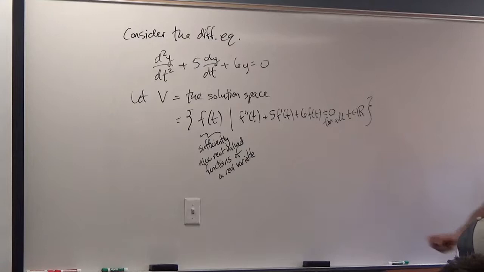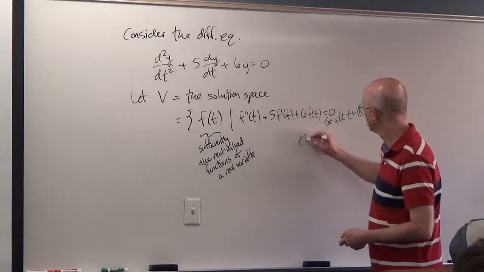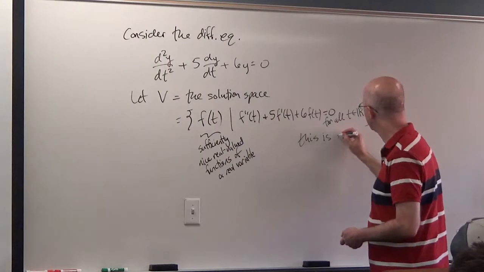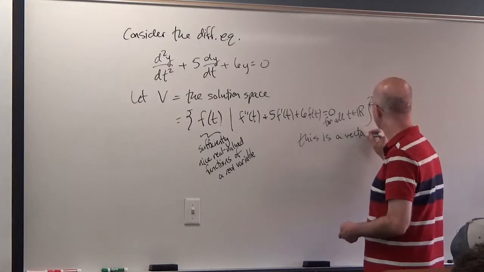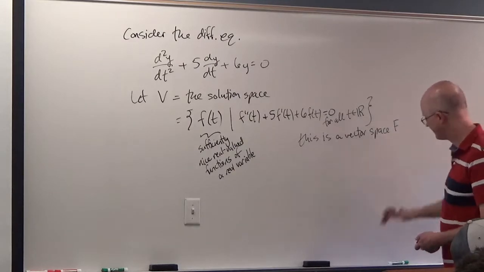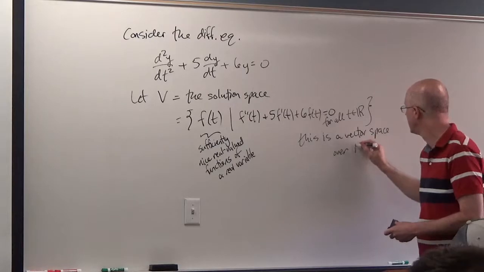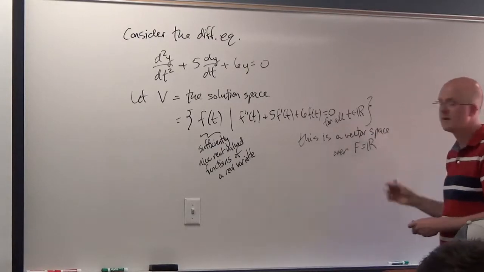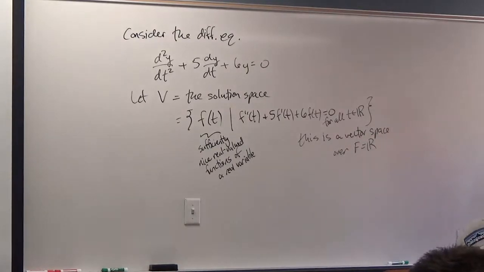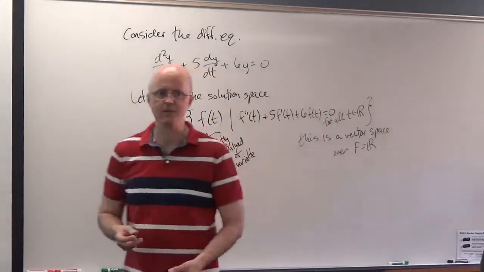This is a vector space over the field of real numbers. Is it infinite dimensional or finite dimensional? And if it's finite dimensional, what's the dimension? What's the basis?